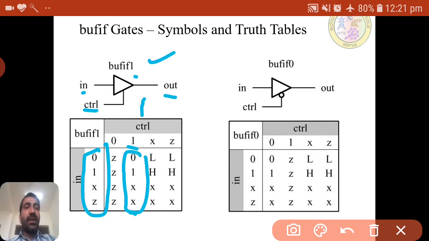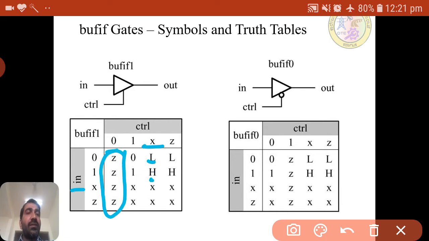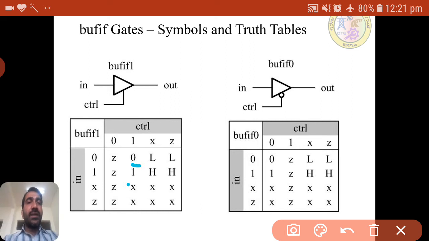For the rest of the cases, when control is 0, irrespective of the input, the output will be high impedance. Okay, if the control is X, then we get what we call L and H values. This low and high value, actually the 0 and 1 we are seeing are strong 0 and strong 1. What do we mean by strong 1 and strong 0? They are the strength levels that Verilog provides.